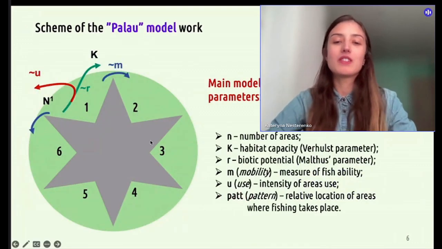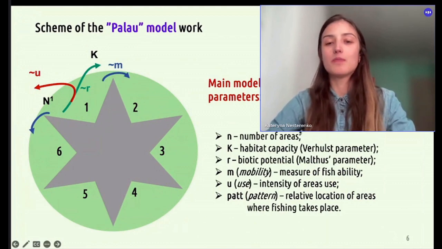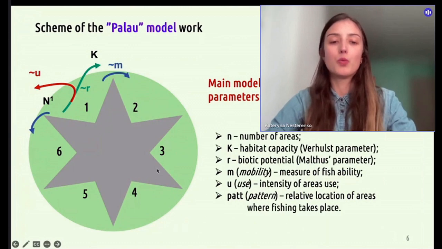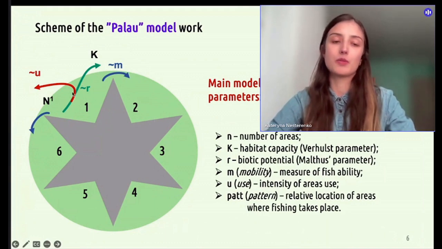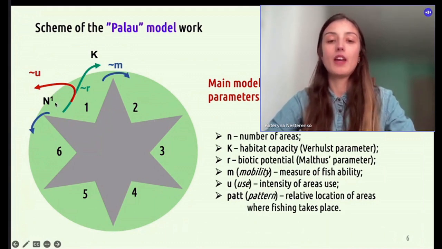Here, you can see the construction diagram of our model and its main input parameters. Here we see 6 bordering water areas. A certain amount of fish can live in each of them, and its amount is represented by the n parameter. This amount is determined by the value of k, the capacity of the area.